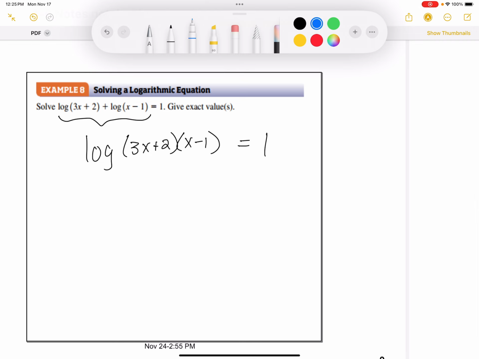Now, a couple things to know. When there is no log base, it's understood to be a 10. That's called the common log, right? Log of x really equals log base 10 of x. So, common log.